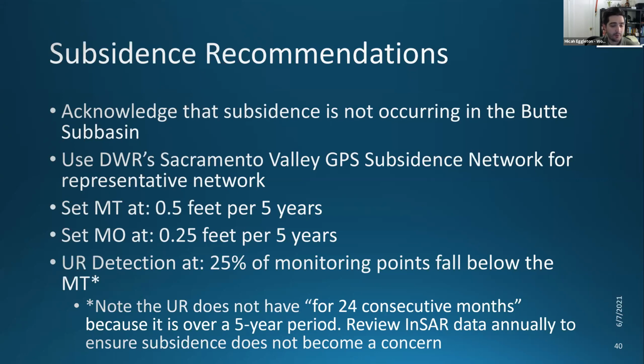And our undesirable result detection is 25% of monitoring network points falling below the MT. And that's not for 24 consecutive months, because these monitoring points are monitored every 5 years. So it's just if it happens, but we don't really foresee that happening considering the historical rate. So any questions on this? Thank you, Micah. Yes, let's go to the BAB. Any questions before you weigh in on this recommendation?